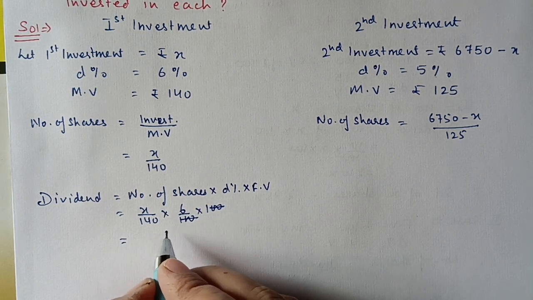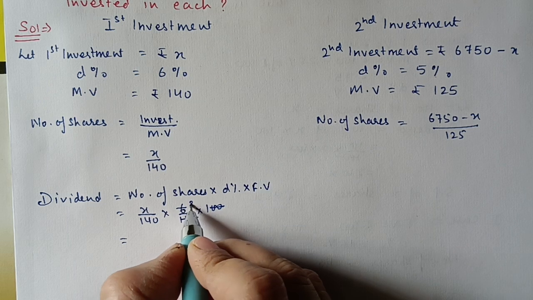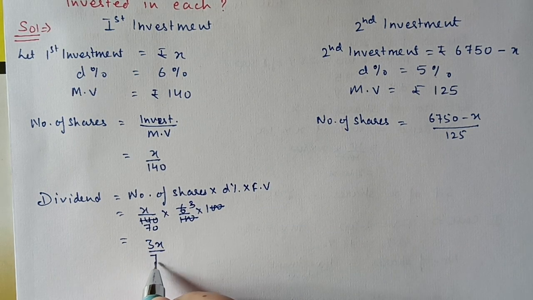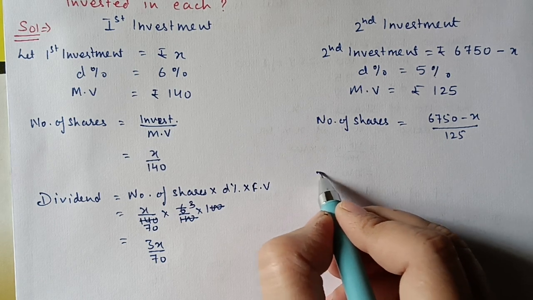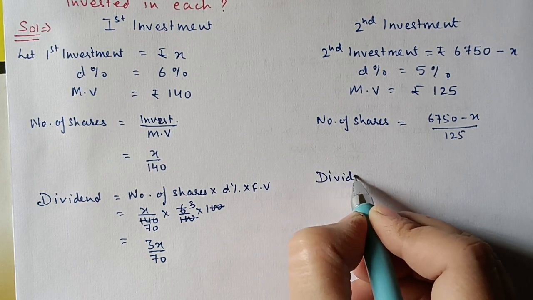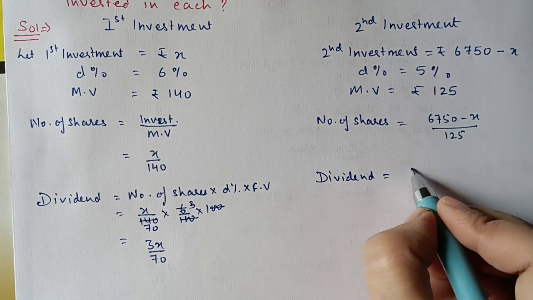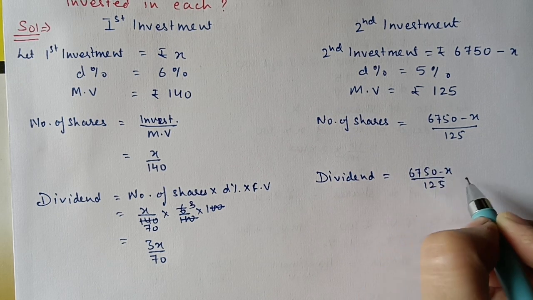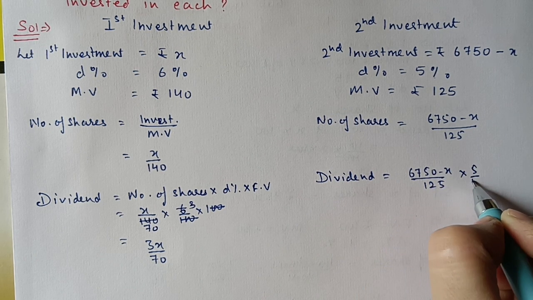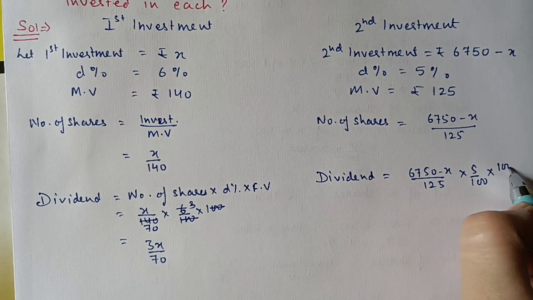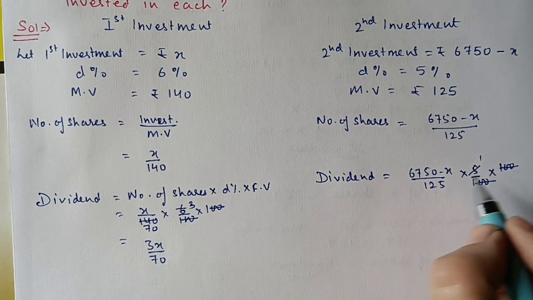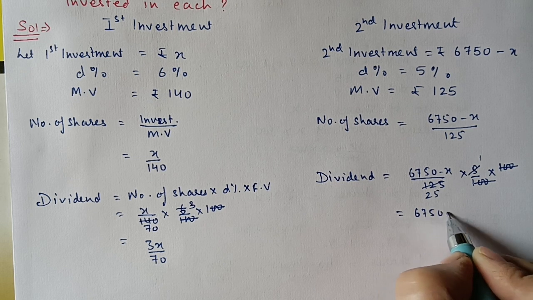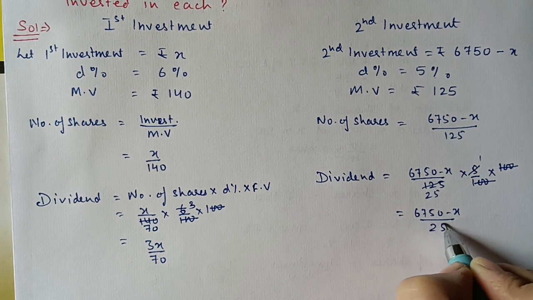So here we can cancel with 2 table, 3x upon 70. In the second case, dividend will be number of shares, which are 6750 minus x upon 125. Rate of dividend is 5% and face value is 100 rupees. Cancel out. So we are getting 6750 minus x upon 25.